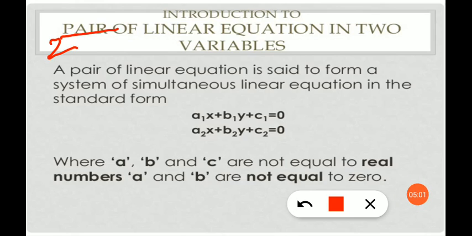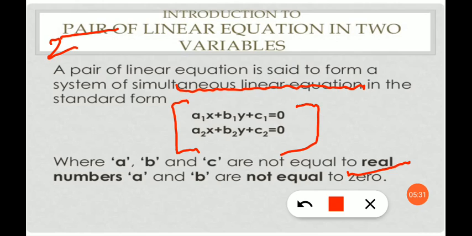So, a pair of linear equations in two variables is a form of simultaneous linear equations, and its standard form is a1x plus b1y plus c1 is equal to 0, and a2x plus b2y plus c2 is equal to 0, where a1, b1, c1 and a2, b2, c2 are real numbers, where a1, b1, a2 and b2 are not equal to 0, as we have already discussed.